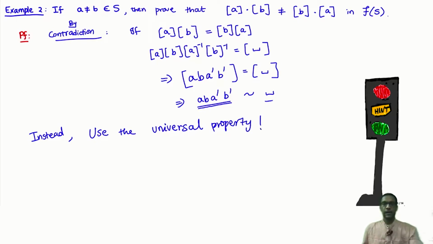Okay, so try to come up with a way of using the universal property of free groups to prove that A B A prime B prime can't be equivalent to the empty word, or equivalently that AB cannot be the same as BA. I mean, whatever we need to prove. Okay, so let me move on to the solution next. Again, I would encourage everyone to pause here and try your hand at it.